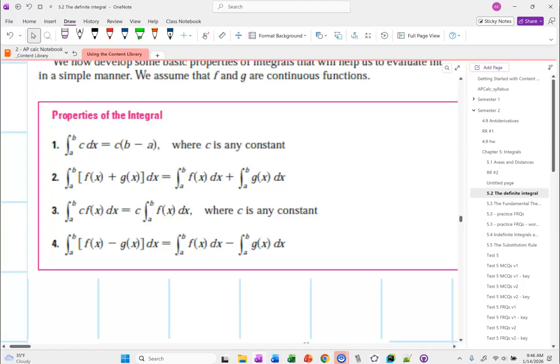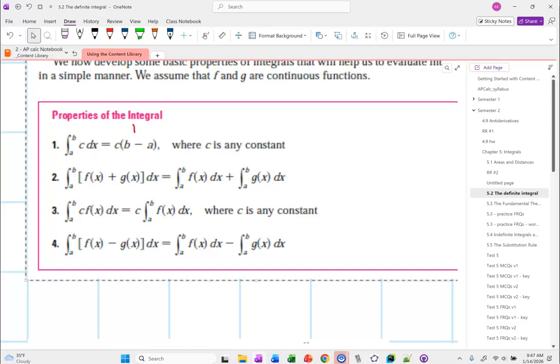The integral of a constant. What's the graph of a constant look like? Straight horizontal line, right? What's the area under a straight horizontal line? A rectangle, right? So if I'm looking at the area under C from A to B, it's just going to be the area of that rectangle, base times height.